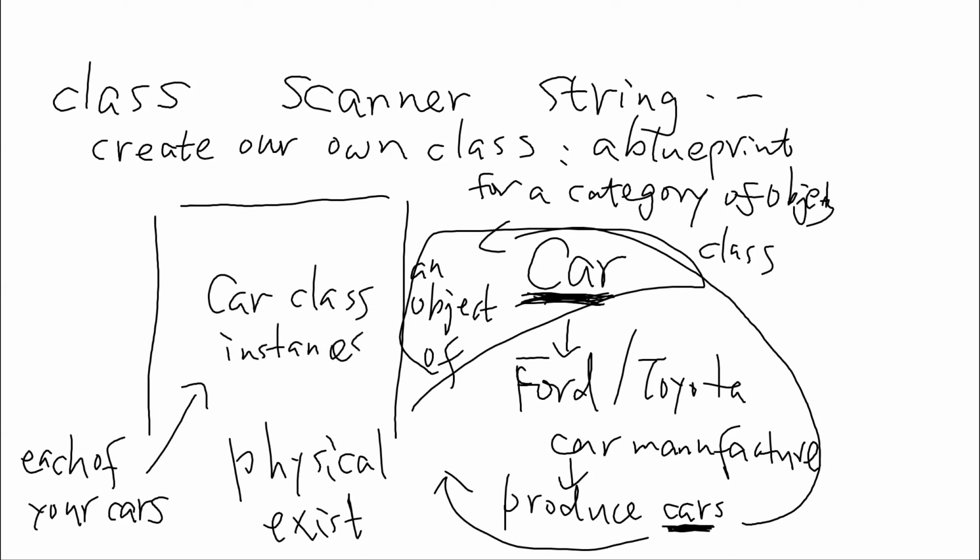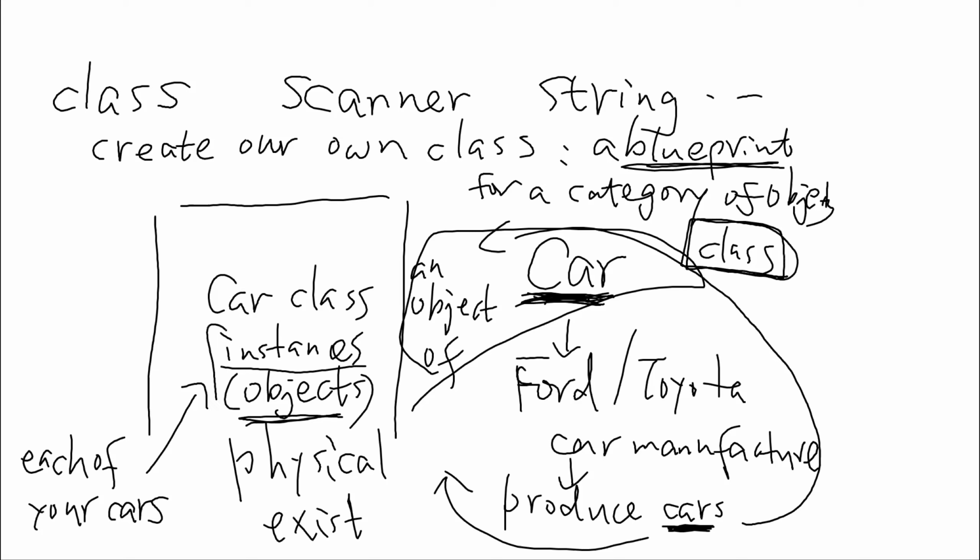And there is another concept called instance or objects, and those we call physically existing. Later on, we will see what this means. So they physically exist, they are real objects, and you can drive on them. You cannot drive on the blueprint, on the piece of paper, but you can drive your car. Okay, so this is just a general idea.